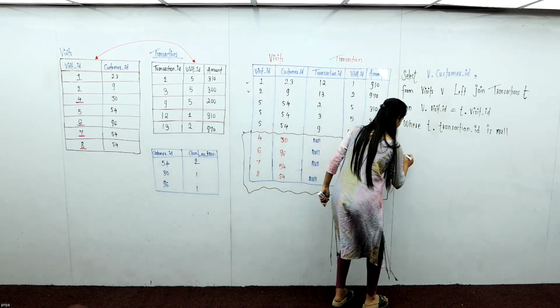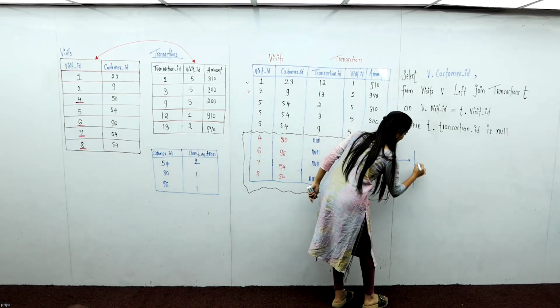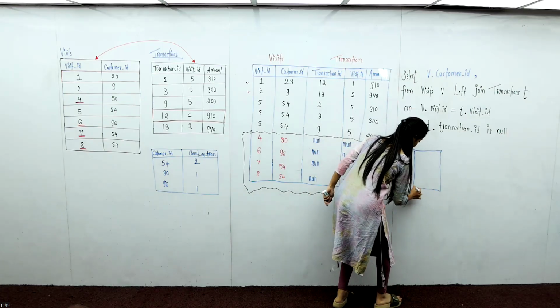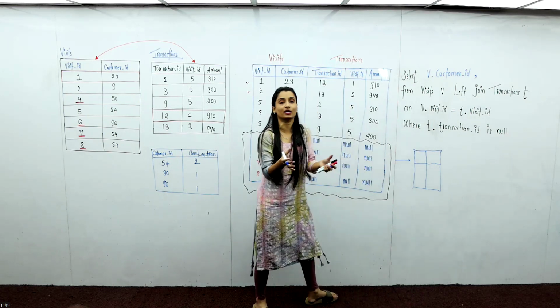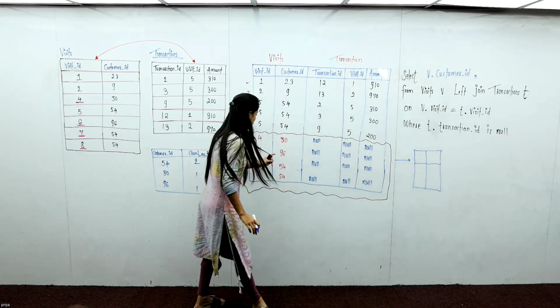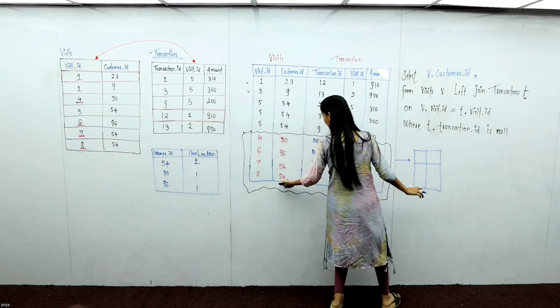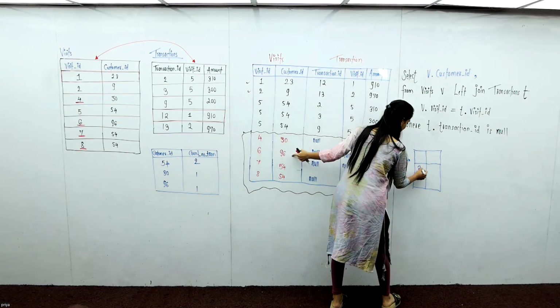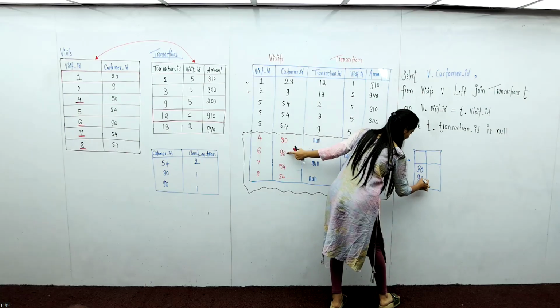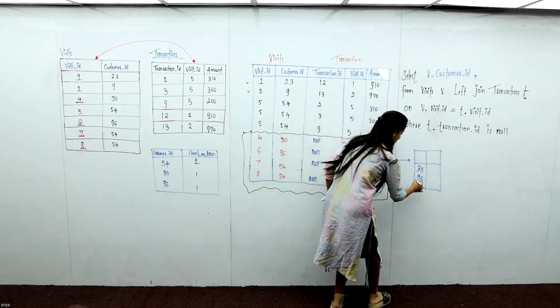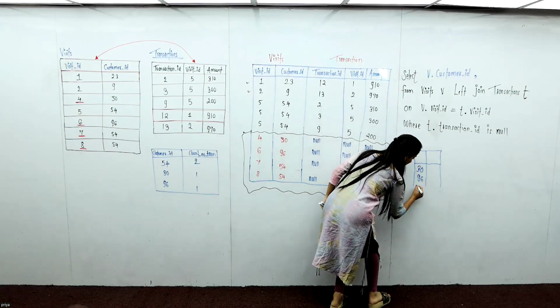Look here, everyone. If we group by customer ID, all the records with the same customer ID will be grouped into one single group. So here 30. Is there any other 30? No, we don't have. Is there any other 96? No, we don't have. Is there any 54? Yes, 54 will be grouped like this.